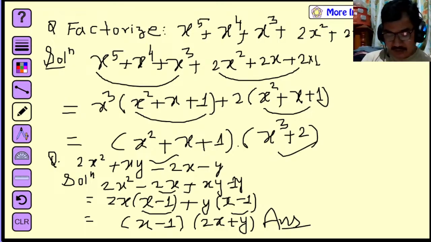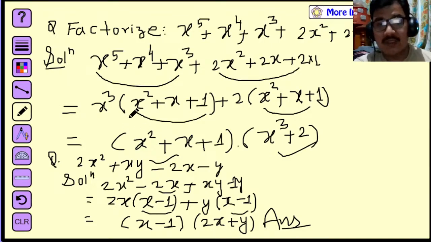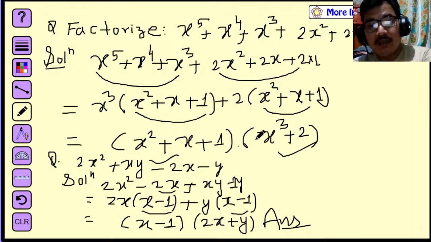This is the method of factorization by taking common and by grouping. I have shown in today's video how to factorize by taking common and how to factorize by grouping. After grouping, we have to take common.